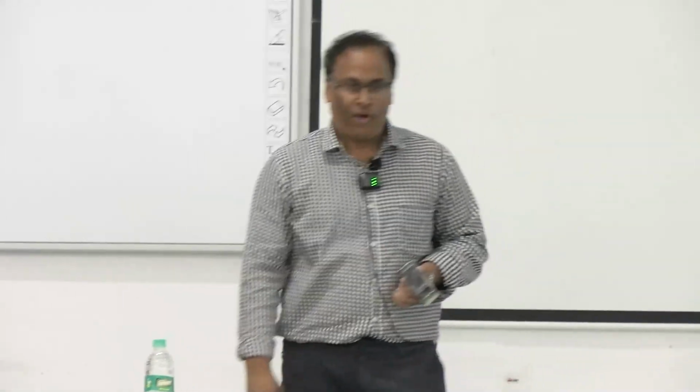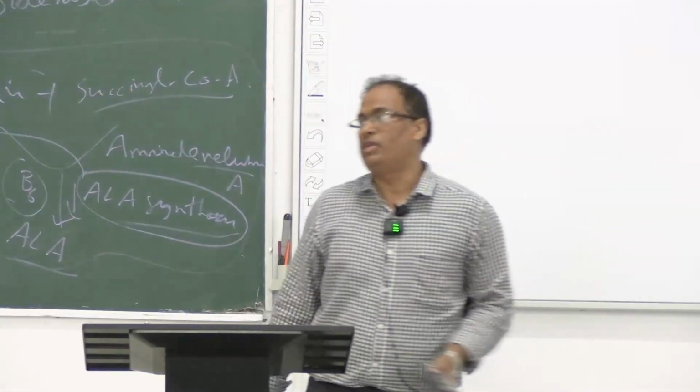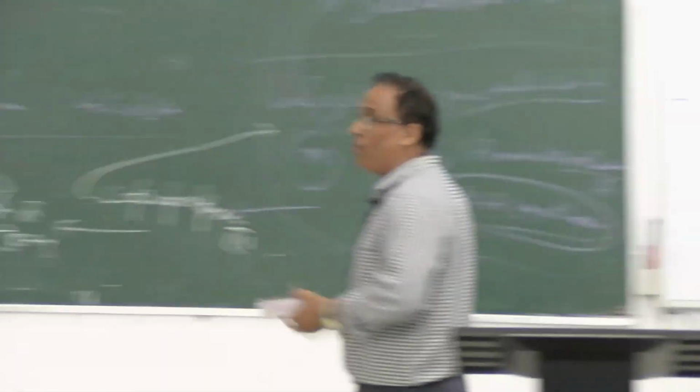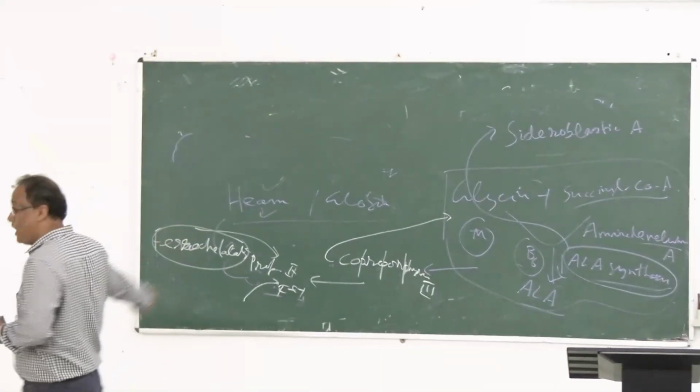Another 2 diseases are there: one is acute intermittent porphyria, another is porphyria cutanea tarda. These 2 important diagnoses are made by enzyme deficiency. For this class, remember that for the synthesis of heme, different enzymes are essential.